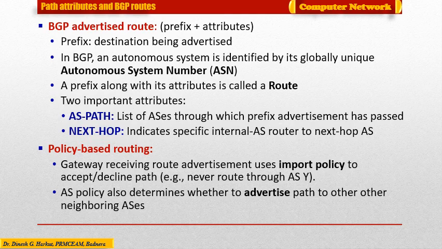AS path: this attribute contains the autonomous systems through which the advertisement for the prefix has passed. When a prefix is passed into an AS, the AS adds its own ASN to the AS path attribute.